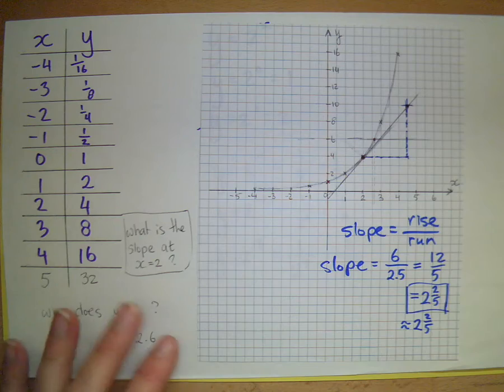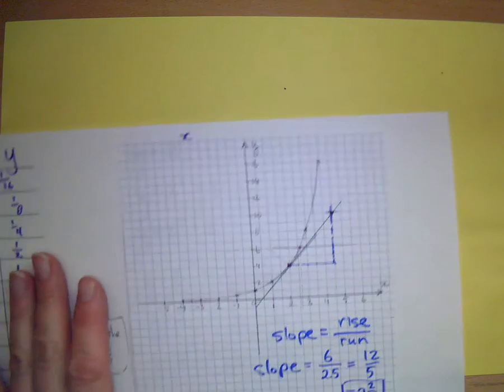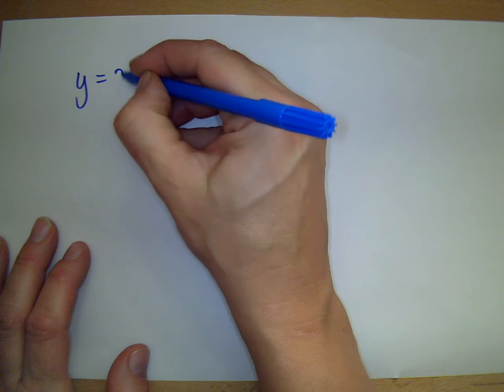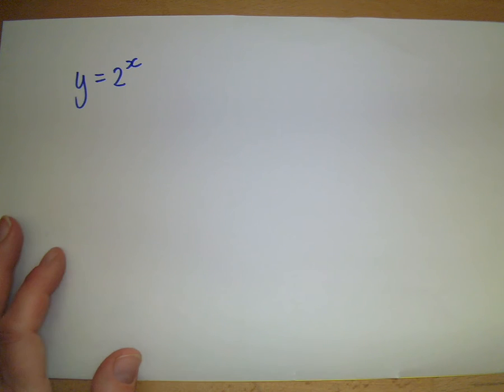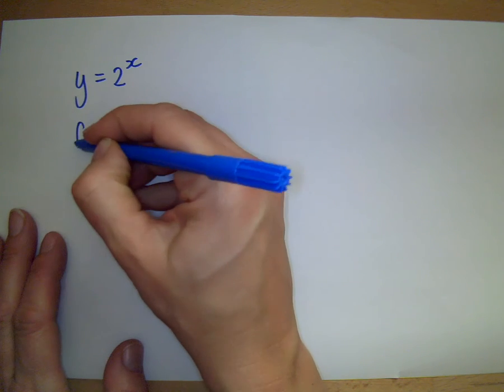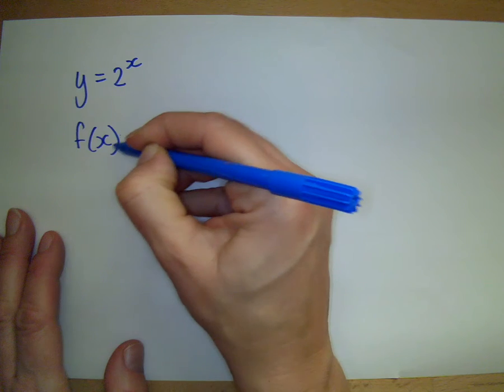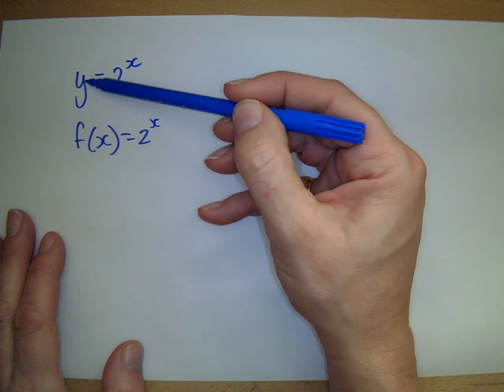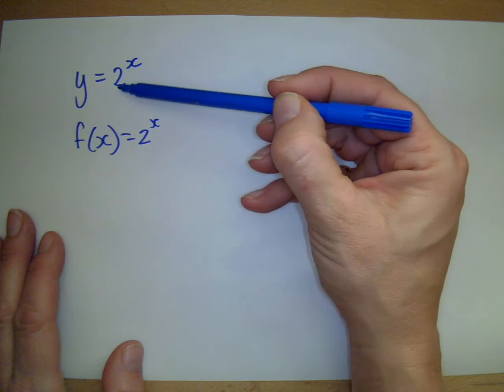Great. I just want to add one little thing about notation, because as you'll see in problems that you encounter, look at our function that we just worked with, y equals 2 to the power of x. People in mathematics will also use this notation, and this is actually exactly the same. Here you would say y equals 2 to the power of x.